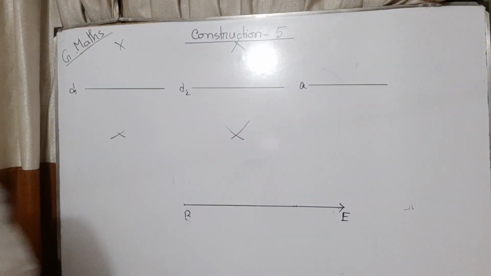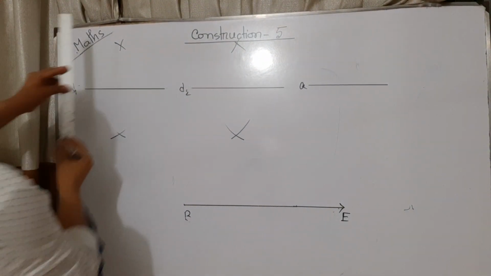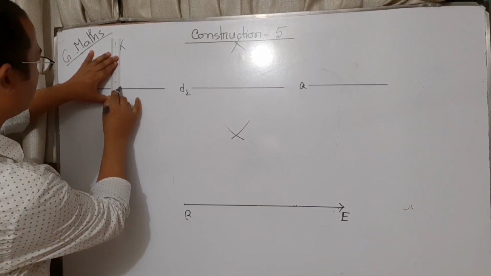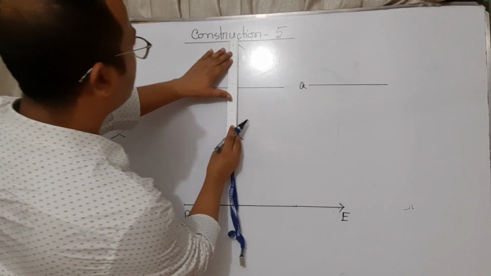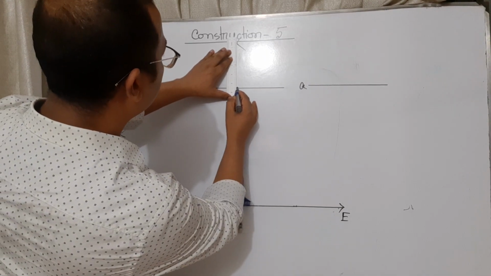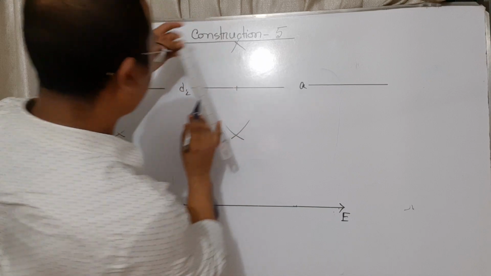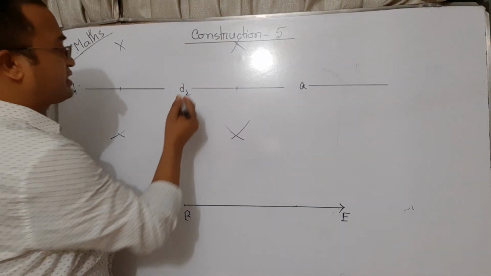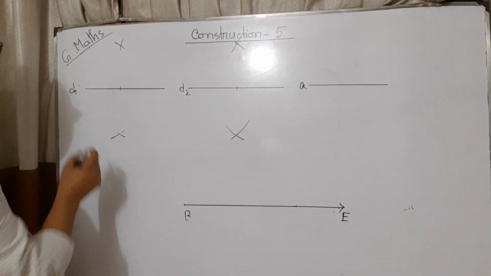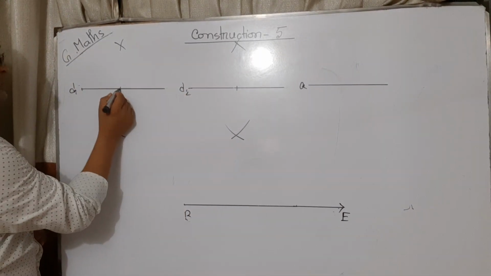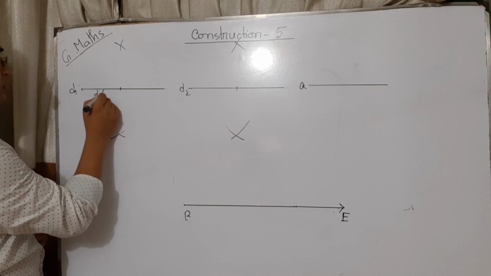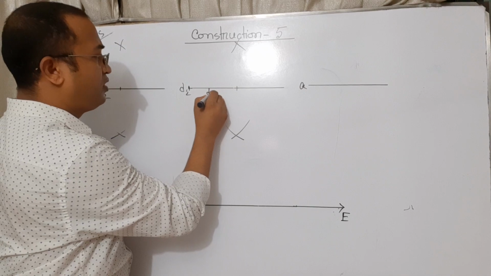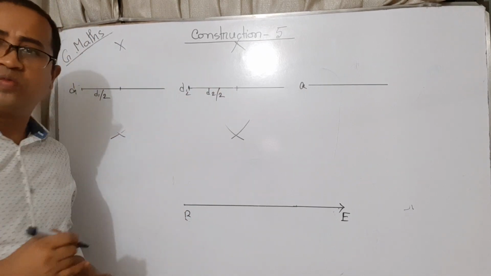Now join this. I have already bisected the diagonals. So this portion is half of D1, diagonal 1, and this portion is half of diagonal 2.